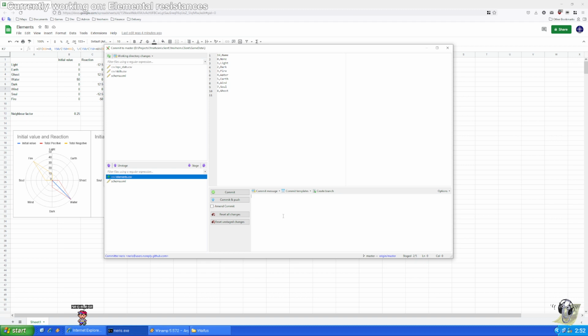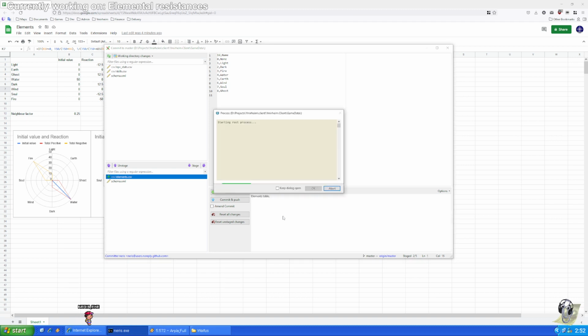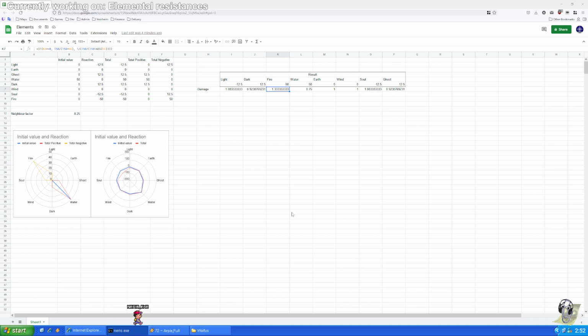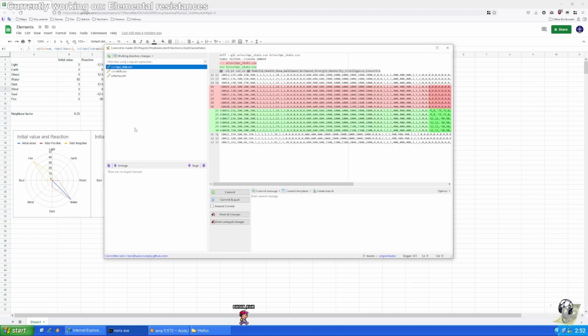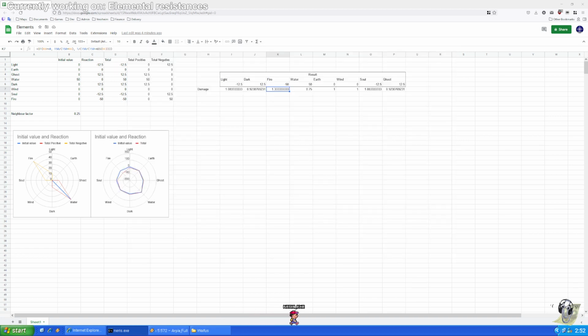And this is gonna be our elements table. Then, yeah, let's push it first so it compiles on the CI.